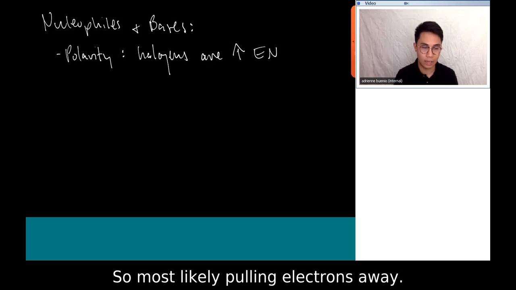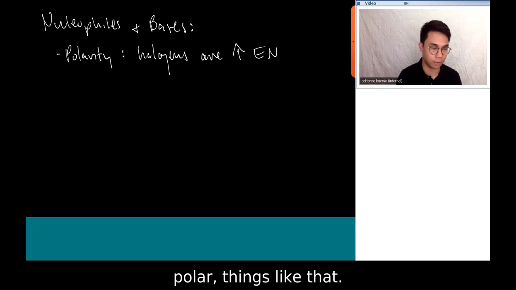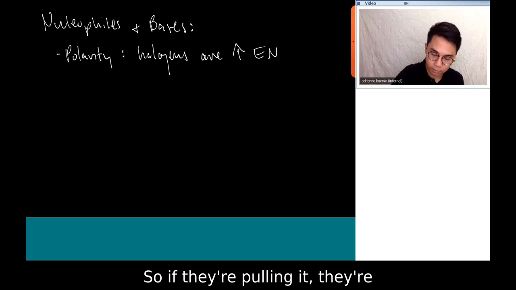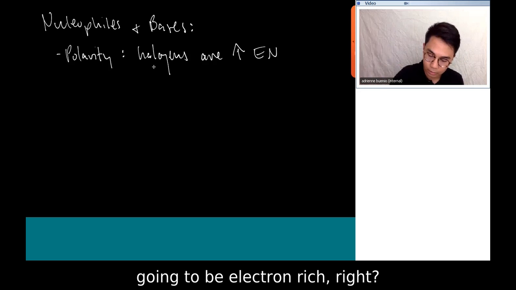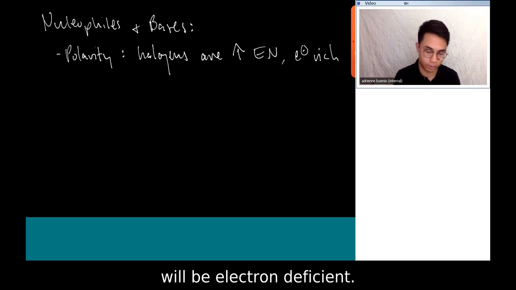So most likely pulling electrons away, making the molecule polar, making a certain part of it polar. And if they're pulling, they're going to be electron rich, and then the rest of the molecule will be electron deficient.